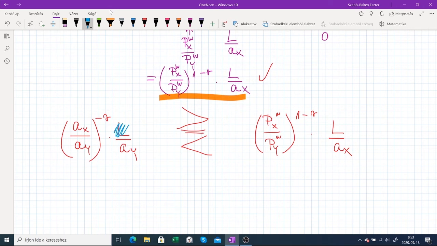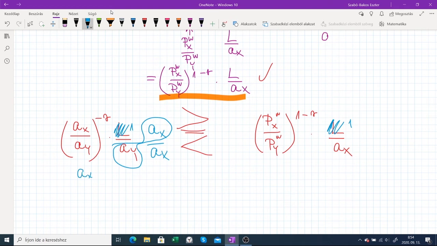So this L eliminates this L. And if we multiply the left-hand side of the equation by Ax and divide by Ax, so we multiplied the left-hand side of the equation by 1, then we get the following: Ax over Ay times 1 over Ax multiplied by the Ax over Ay raised to the power of minus gamma.